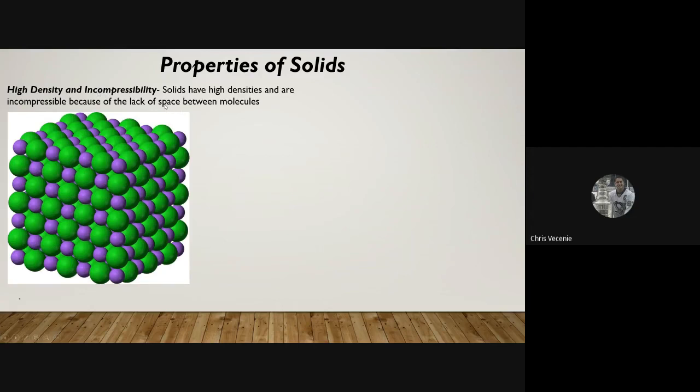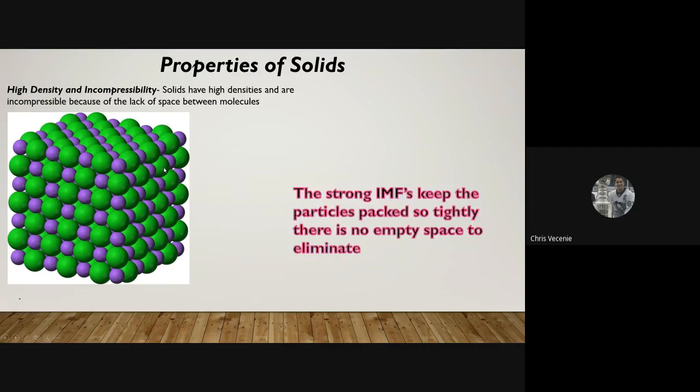There is very little space between the particles in the liquid and the solid because they have strong attraction forces, and the strong IMFs keep the particles packed so tightly we can't get rid of the empty space in between, because there isn't very much to begin with. So liquids and solids are both highly dense and incompressible because of strong intermolecular forces, and there's not much space between them.